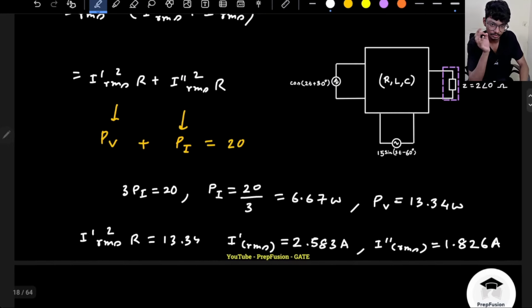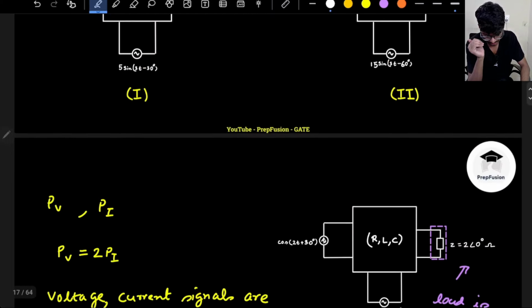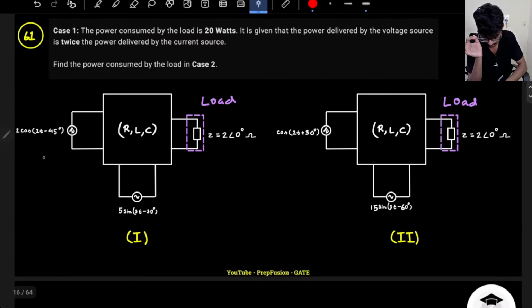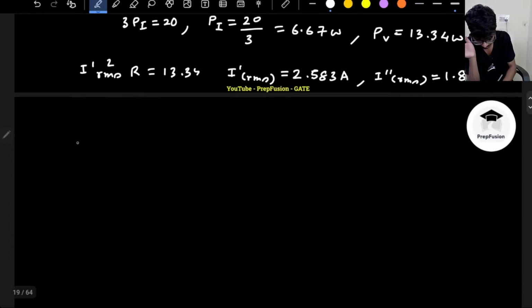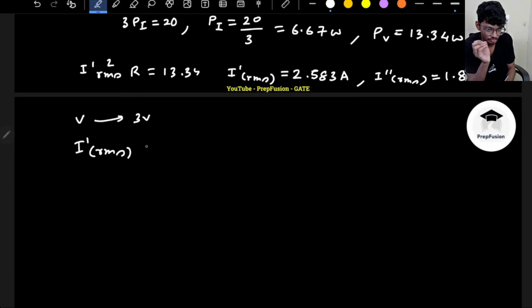Now I have observed that basically I only care about the magnitude. So the voltage source is getting multiplied thrice. So my I dash RMS, as my V is getting 3V. So I dash RMS, I only care about the magnitude, I don't care about the phase.